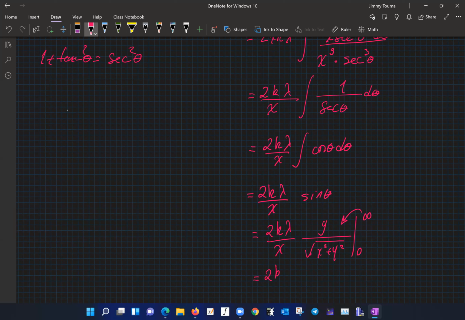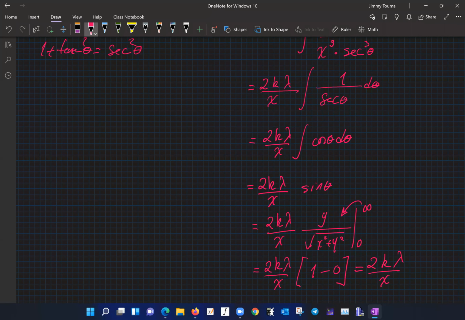I'll have 2k lambda over x, and when y is infinity, y squared plus x squared becomes more like y squared, right? And the square root of y squared is y, so I get a 1 over here. When I plug in a 0, I get a 0. So it's 2k lambda over x.